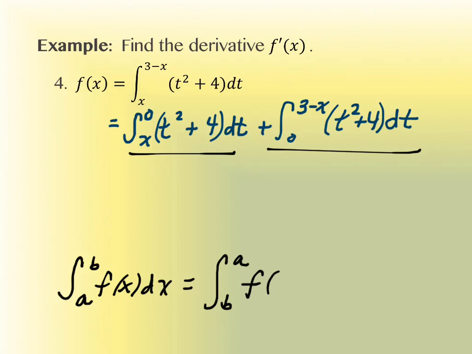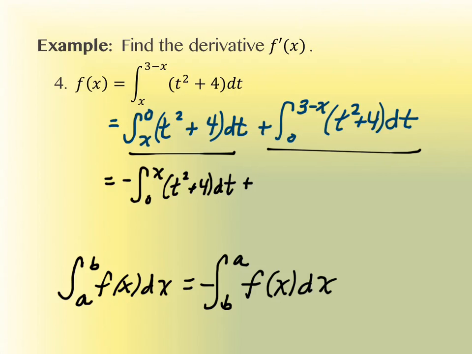So I can go from b to a, and it's going to be exactly the same, but the opposite sign. So what I'm working with up here has the ability to do that. I'm going to do the opposite sign and go from 0 to x of t squared plus 4 dt. And then I have the same second piece that I had before.